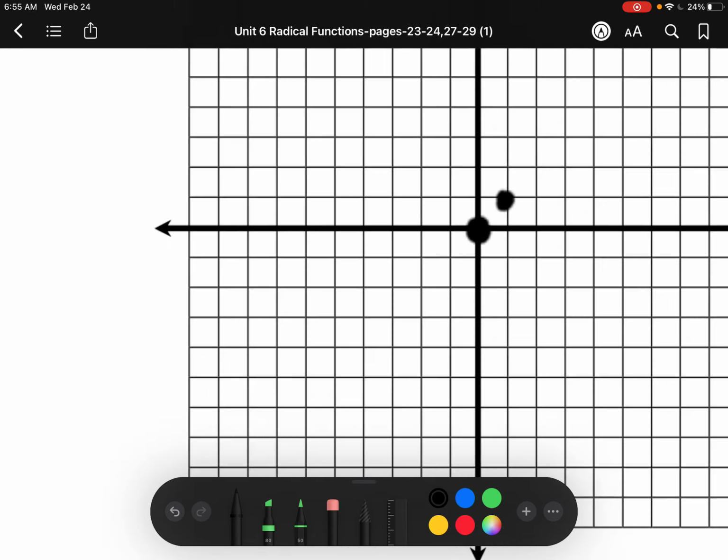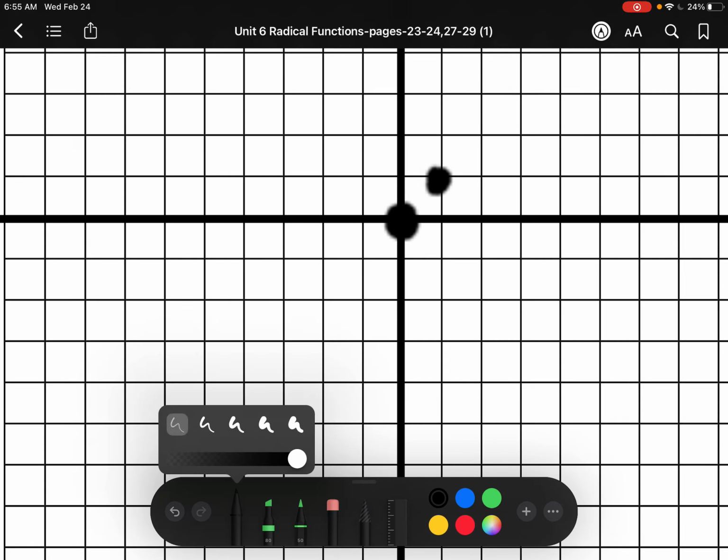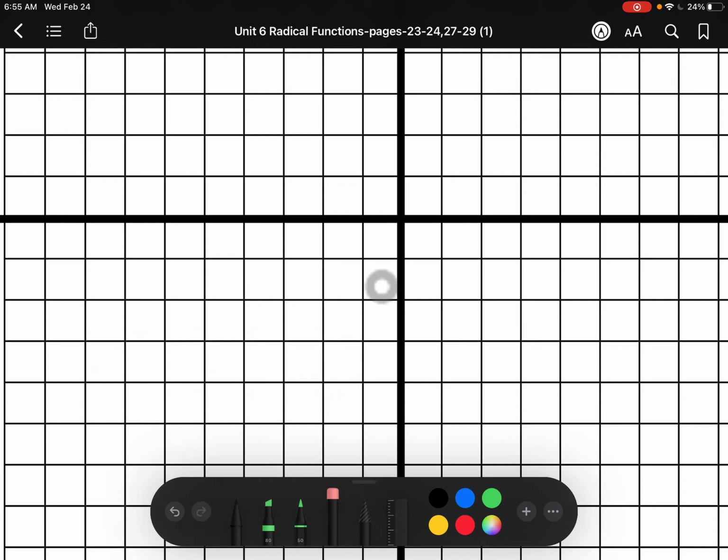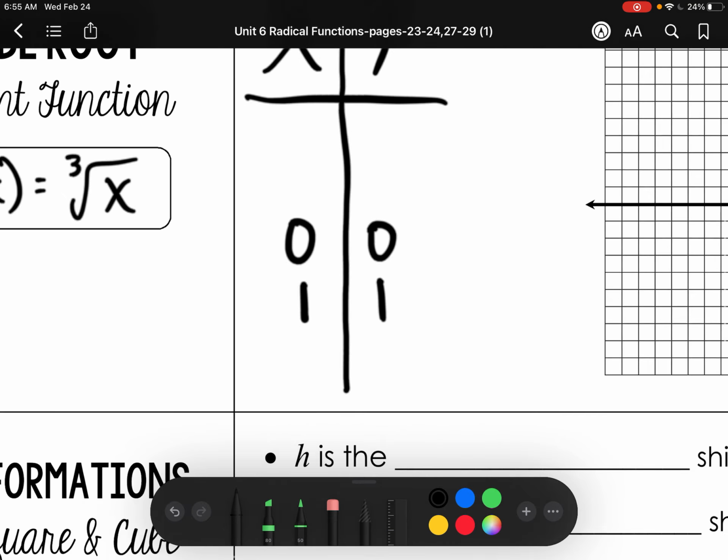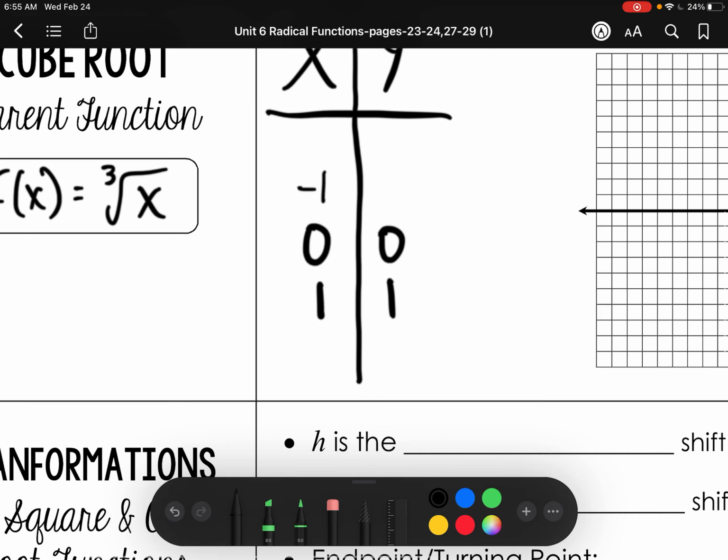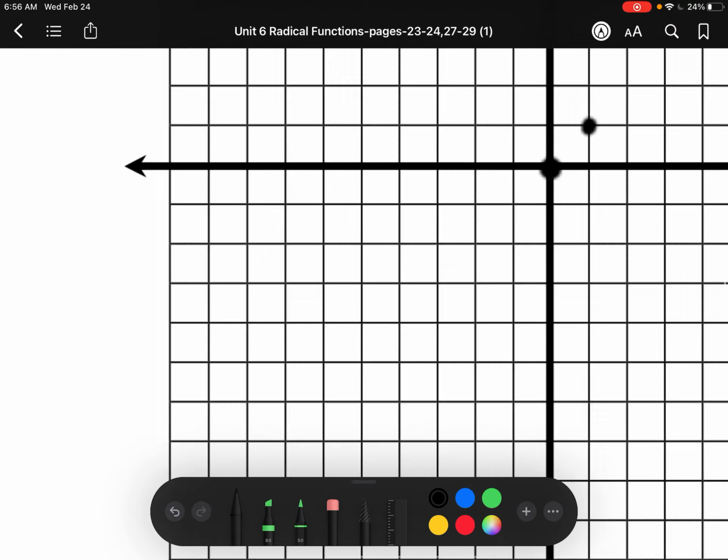Let me make these a little bit smaller. Then if you plug in -1, the cube root of -1 is -1, because -1 times -1 times -1 is -1. So we know the cube root of -1 is -1. Let's graph that point.